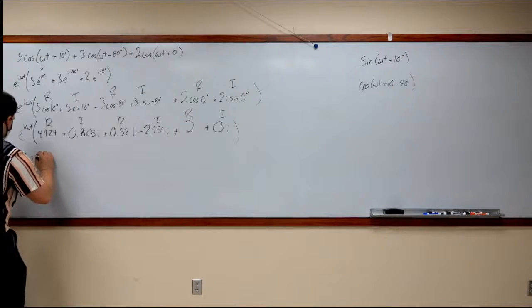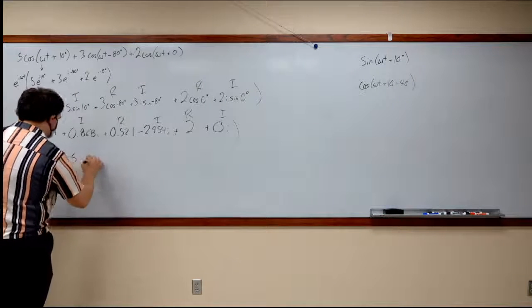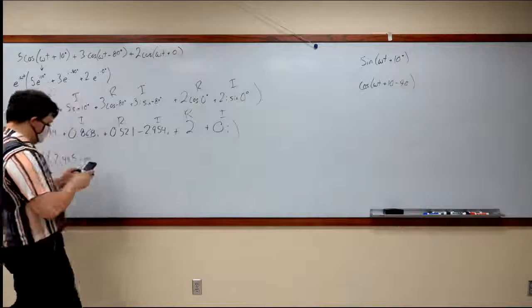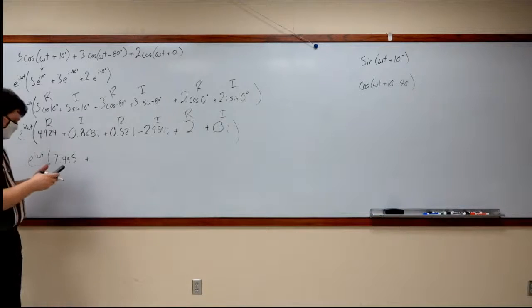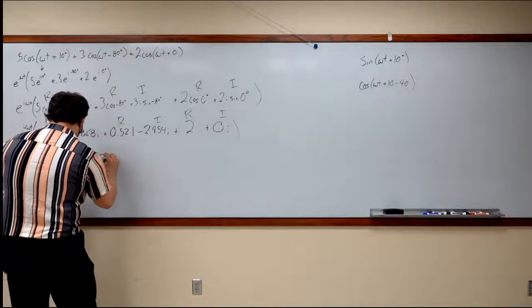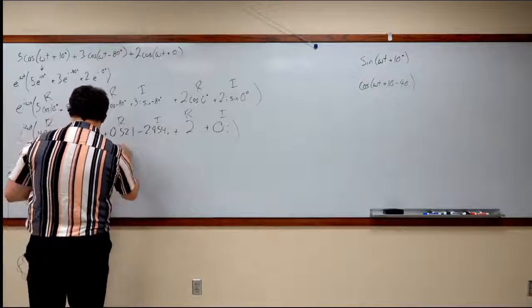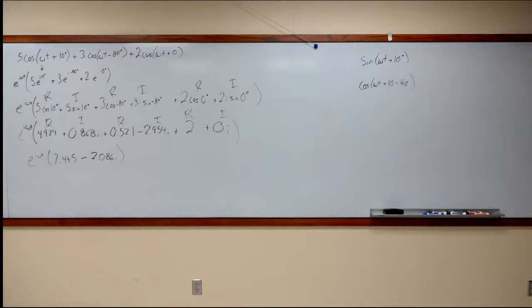So this becomes e to the i omega t of 7.445 plus 0.868 plus, oh, that's a minus, 2.954 plus 0 is equal to minus 2.086i.